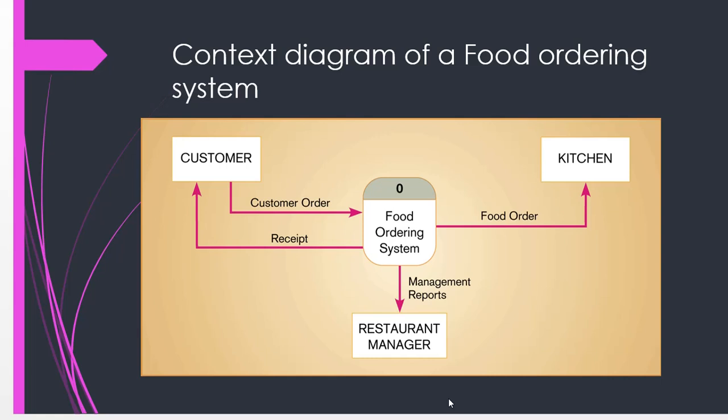For example, maybe at some point we shall link the food ordering system with our ERP system or with our automated delivery system or something like that. And those other systems now, as long as they are going to either give information to the food ordering system or consume information from the food ordering system, they become external entities. So just remember that a context level diagram is showing the relationship between the system and external entities.